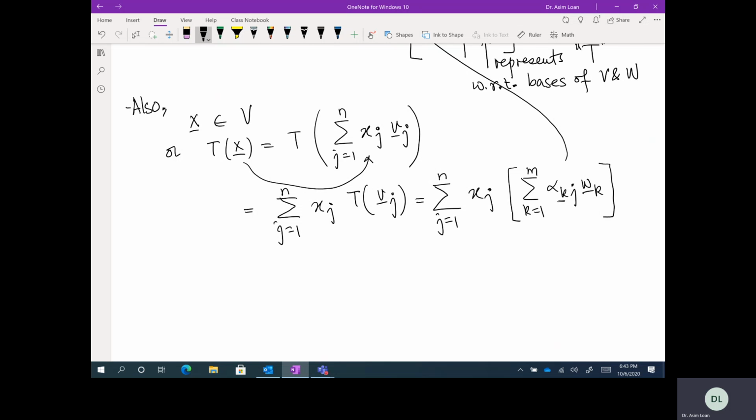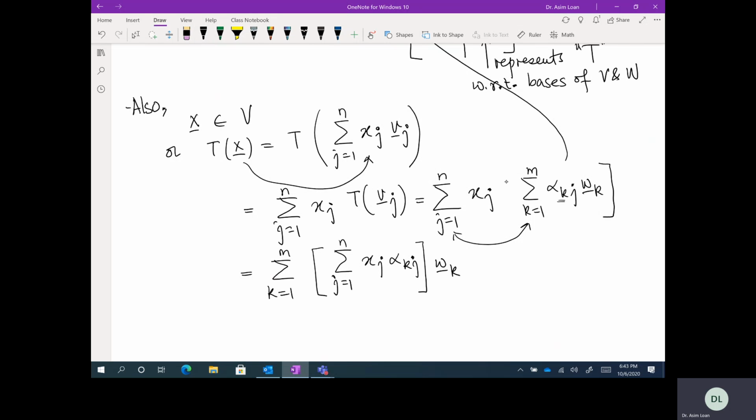Okay. And this can be written as, I can interchange these two sums. So this becomes k equal to 1 to M, j equal to 1 to N. This is X j alpha k j, and this is W k.